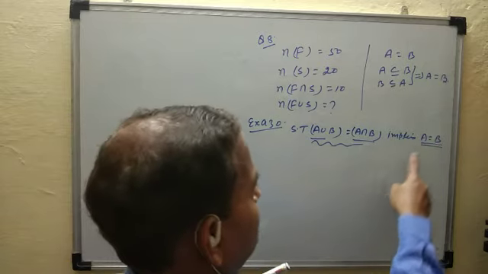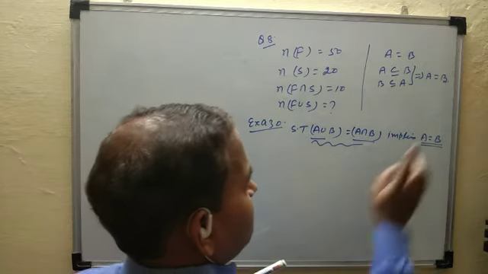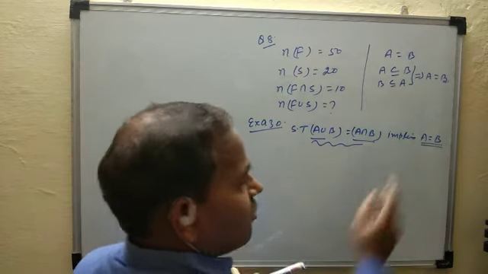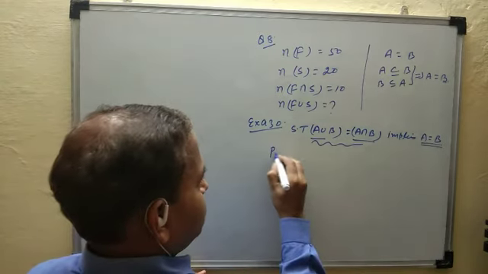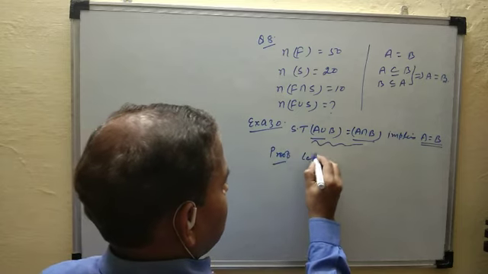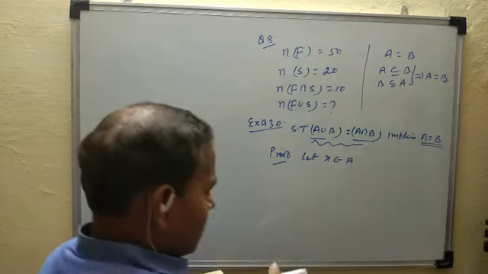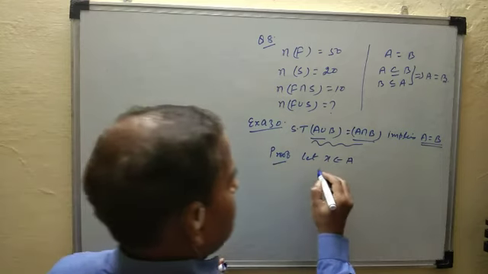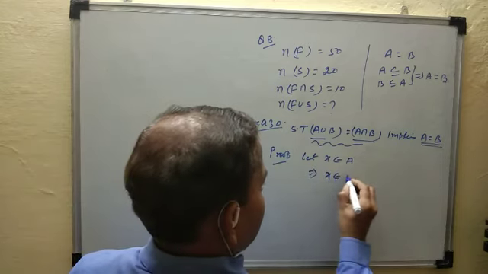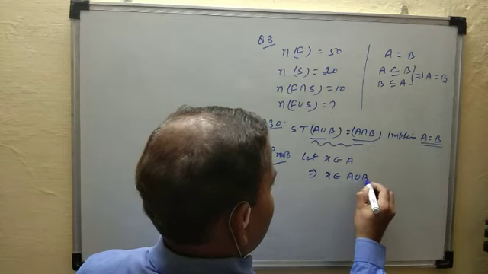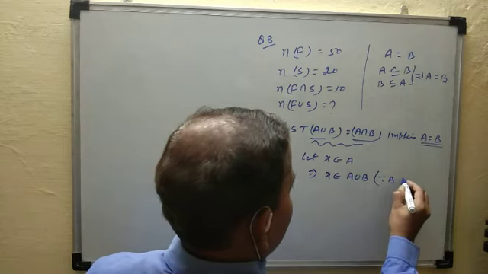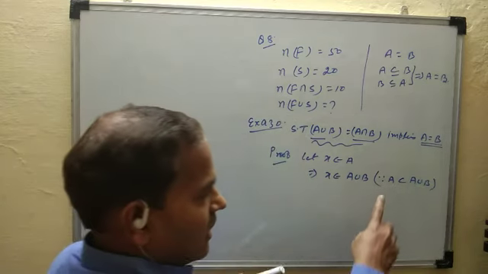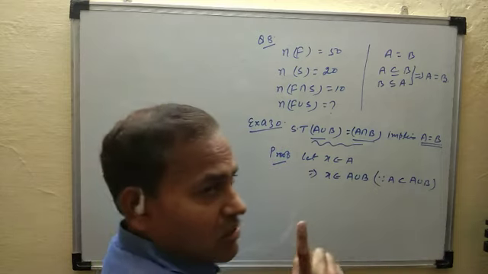So here A equal to B, first we show that A subset B, that is here show that every element of set A belongs in B. So proof: let X be any element of set A. This implies X belongs in A union B, because A is the subset of A union B. A का सारा एलिमेंट A union B में होगा.